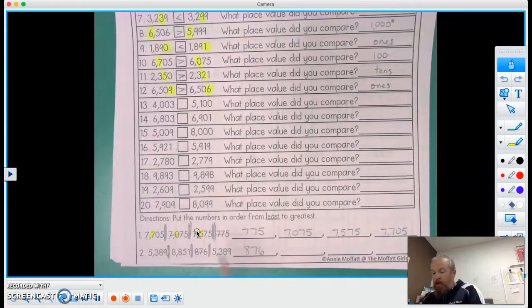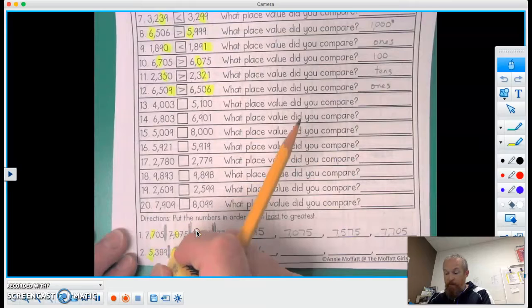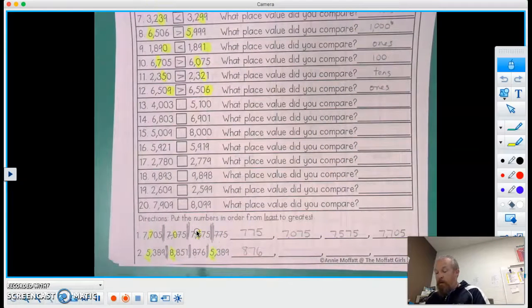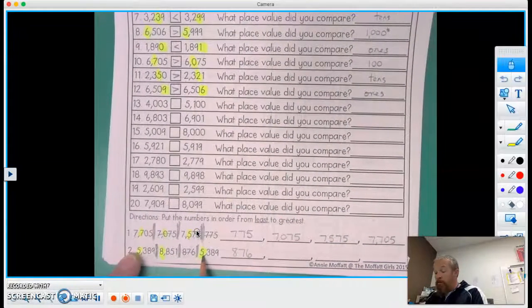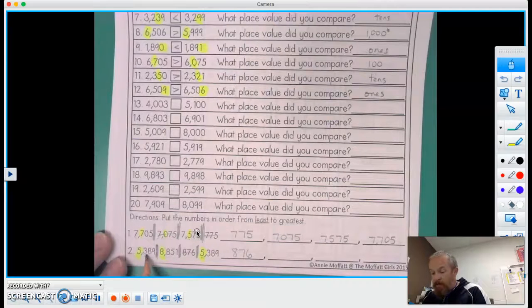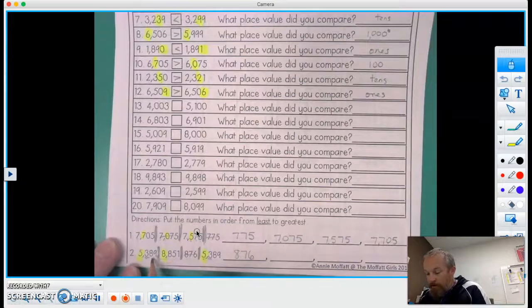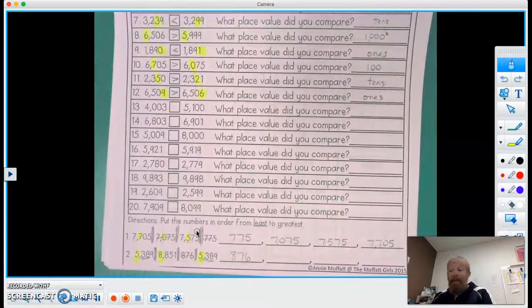Okay? Now, we're going to compare the 5 versus the 8 versus the 5. Well, I see these 5s are less than this 8. So for these two 5 numbers, we're going to have to go over. Is the 3 the same as the 3 in the hundreds? Okay. Is the 8 the same as the 8 in the tens? Yeah.